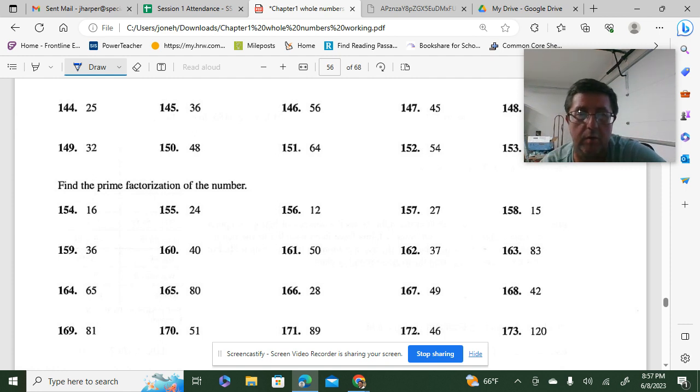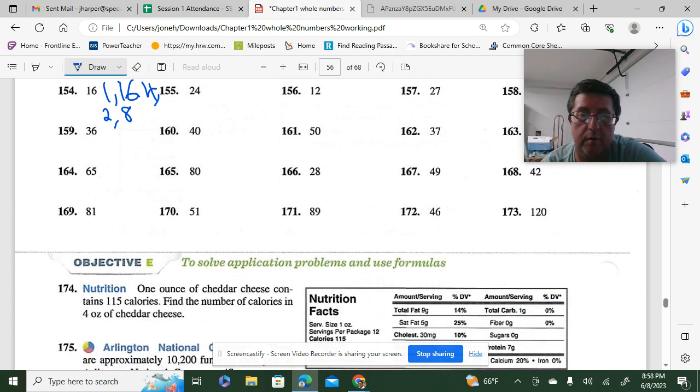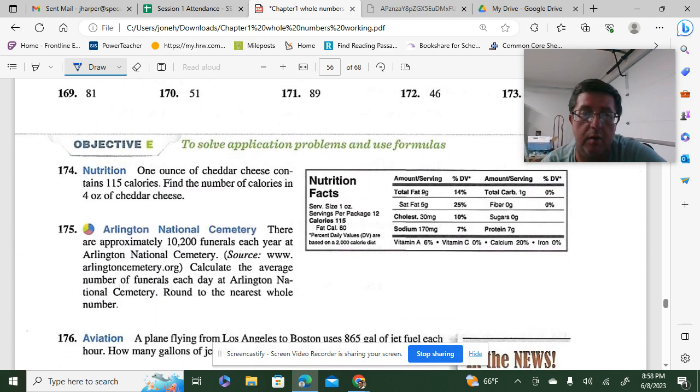This will go 1, 16, it will go 2, 8, and it won't go 3, but it will go 4. 4 times 4. And then it goes to 8. What would be the prime one? I'd have to look back up. I didn't study that today. Okay.